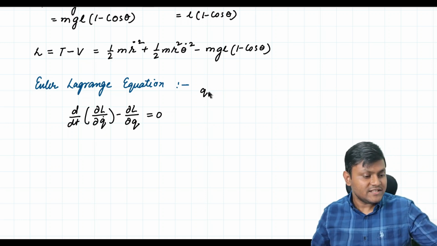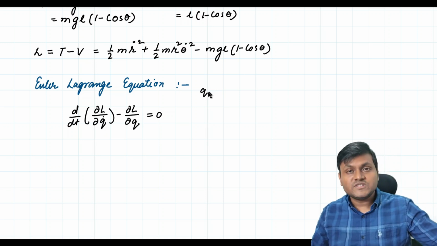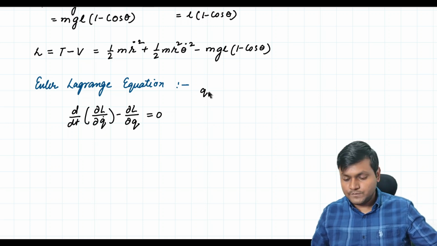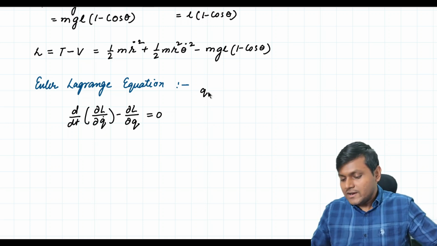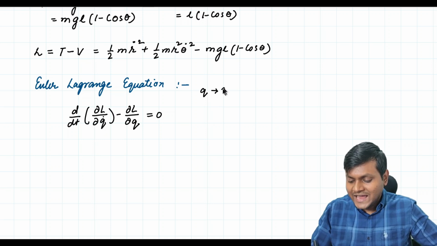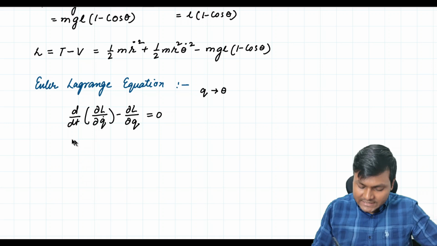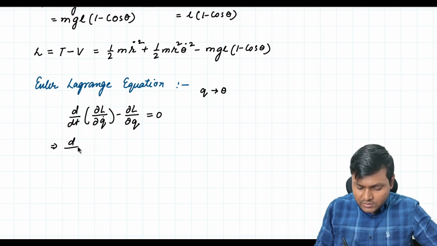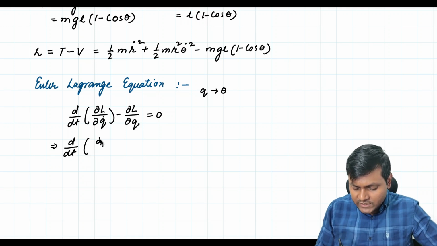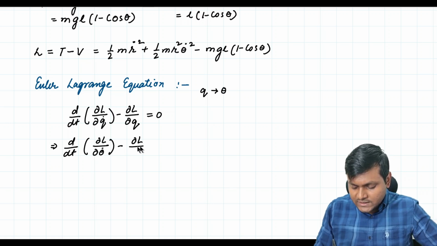So generalized coordinate is just the coordinate with respect to which you're analyzing the motion. Here we are trying to analyze the motion with respect to the angular displacement. So I'll assume that Q here simply represents theta. So the Euler-Lagrange equation is simply d by dt of del L upon del theta dot minus del L upon del theta is equal to 0.